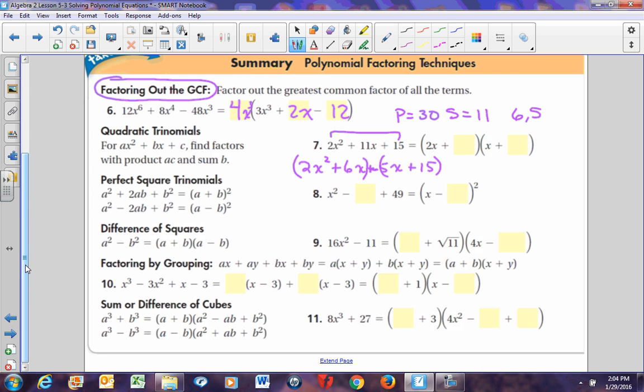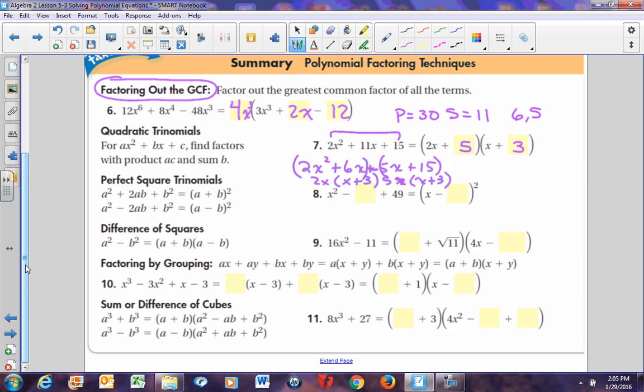I can take a 2x out of this, and I'll be left with x plus 3. Over here, I can take out a 5x, and I'll be left with x plus 3. So 2x plus 5, not 5x, sorry, 2x plus 5 is one of the factors, and the other factor is x plus 3.